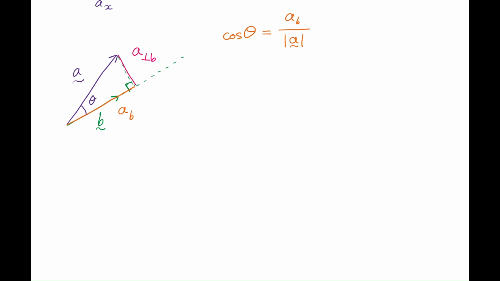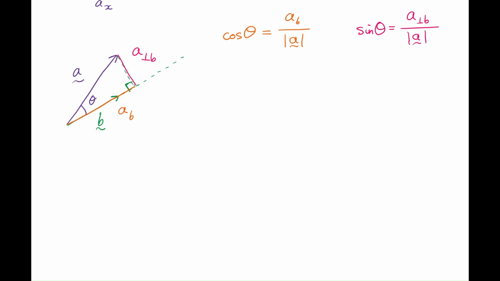Okay, I can do something very similar with sine theta. So if I now write sine theta, this is opposite over hypotenuse, so my opposite side in this case is this side here, the component of A perpendicular to B. And I'm going to divide that by the magnitude of A, which is the hypotenuse, as we said before.